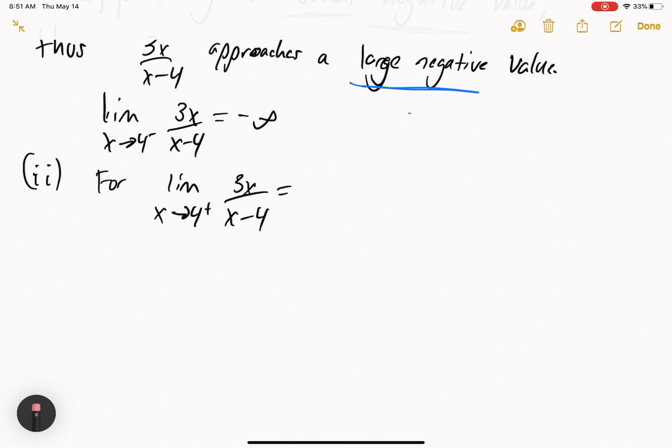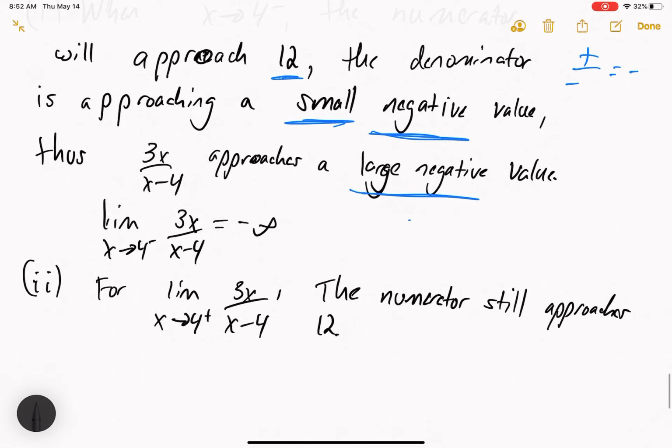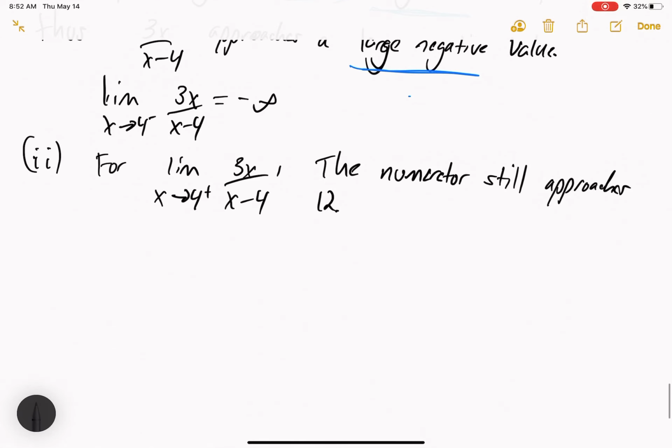Let's try to determine what that is equal to, but I think you will suspect it's equal to infinity. The numerator still approaches 12. And then the denominator is basically doing the same thing as above, but in this case, instead of being negative, it's going to be positive.